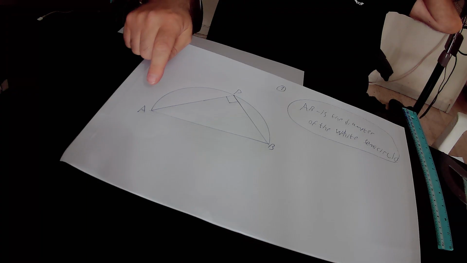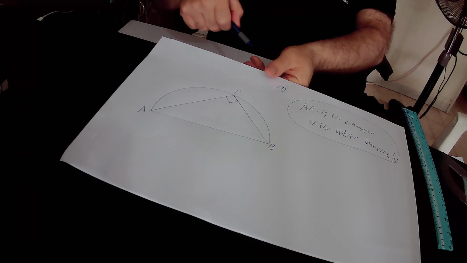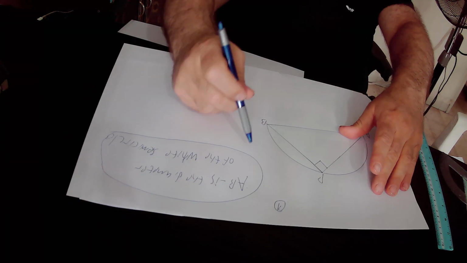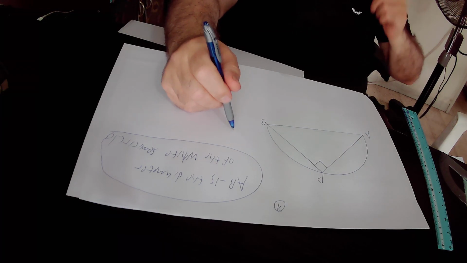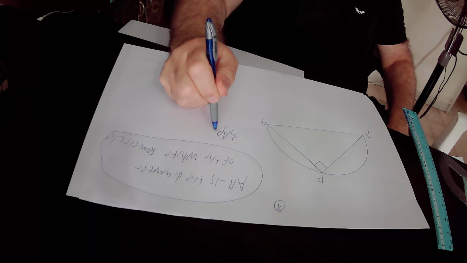Therefore, according to rule 7, peripheral angle APB must be equal to 90 degrees in its size.